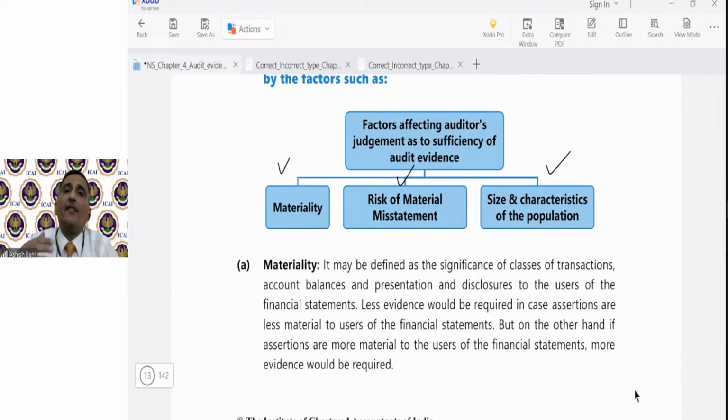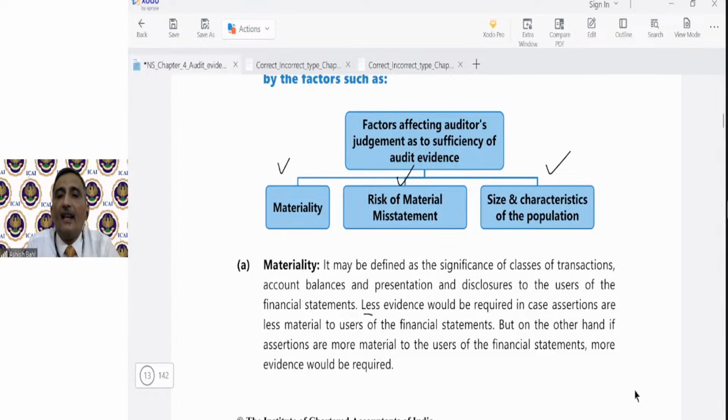Okay, so if a transaction is more material, it is of significant use to the users, then more evidence would be required. And if a transaction is of less significance to user, then less evidence would be required. So if the transaction is less material, then less evidence would be required. And if the transaction is more material, then more evidence would be required. So simple as it is.